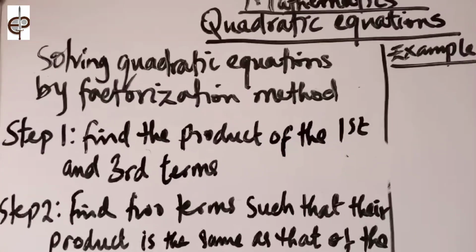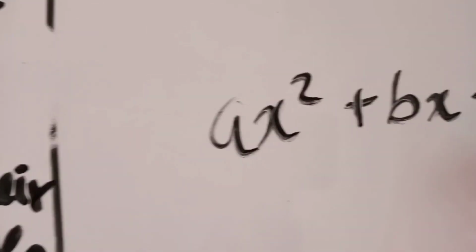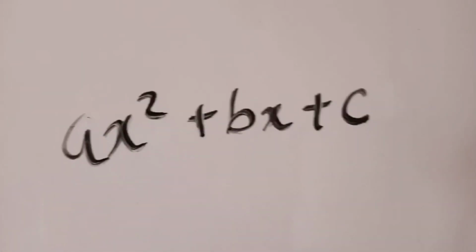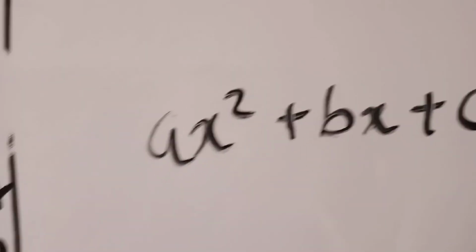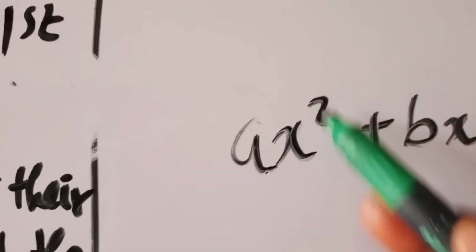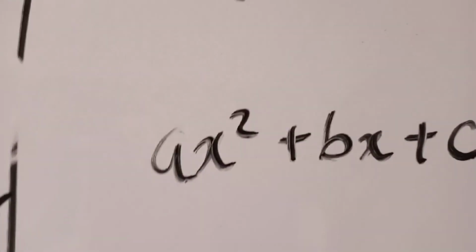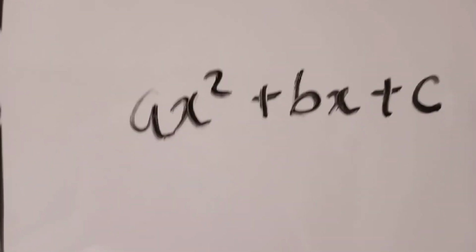Quadratic equation is generally of this form: ax squared plus bx plus c. What it means is that a is the coefficient of x squared, b is the coefficient of x, and c is the constant in the equation.